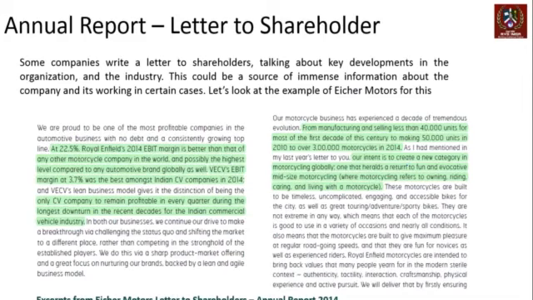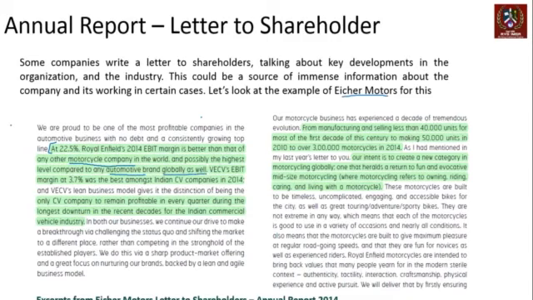Some companies write a letter to the shareholders talking about key developments in the industry and organization. This could be a source of a lot of information. We're looking at the case of Eicher Motors' last year annual report, and at the data that they have, right? Now, they say, for example, that at 22.5%, Royal Enfield's 2014 EBIT margin, earnings before interest and tax margin, is better than that of any motorcycle company in the world, and possibly the highest level compared to any automotive brand globally as well.